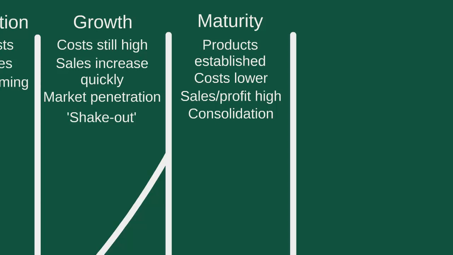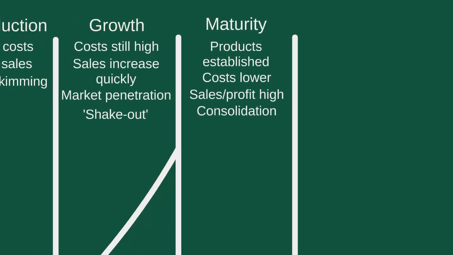We are taking our slice of the pie, as it were, with all the other competitors in the market. And because of that, sometimes there can be a lot of competition in the maturity stage because as the growth of the market has started to slow down, the only way to continue growing is to take another established product's market share.